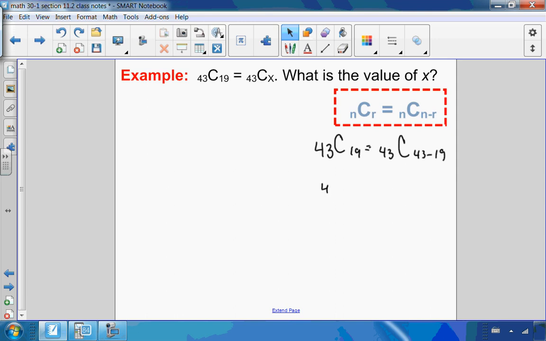So that means that 43C19 is the same as 43C24. So the value of x is 24. And again, this works because 19 plus 24 equals 43. So having 43 objects and taking them 19 at a time is the same as having 43 objects and not picking 24 of them.